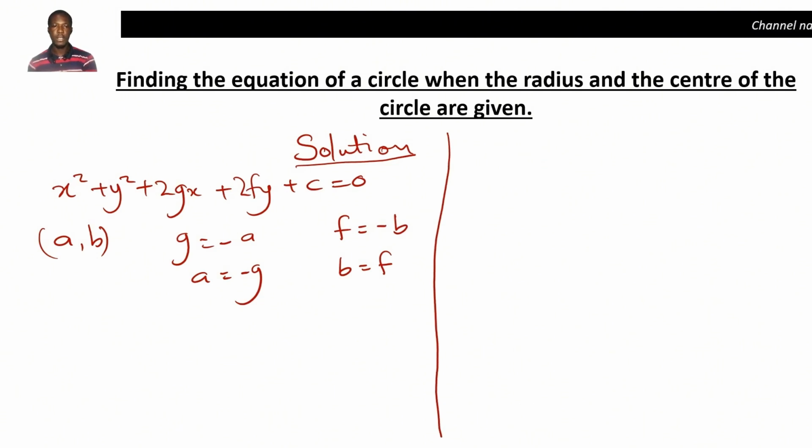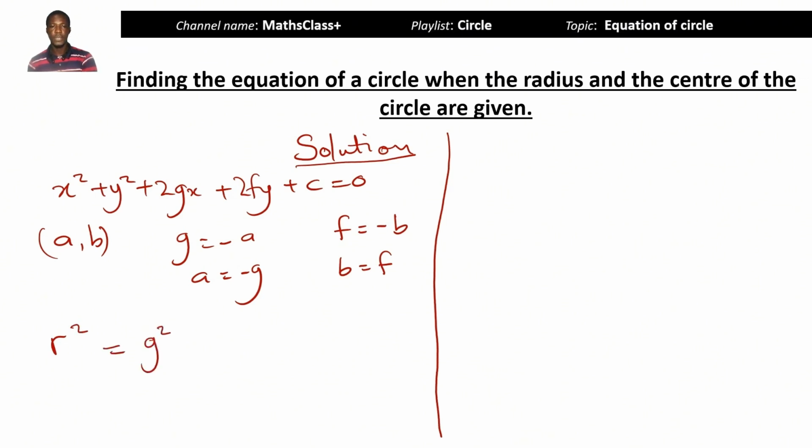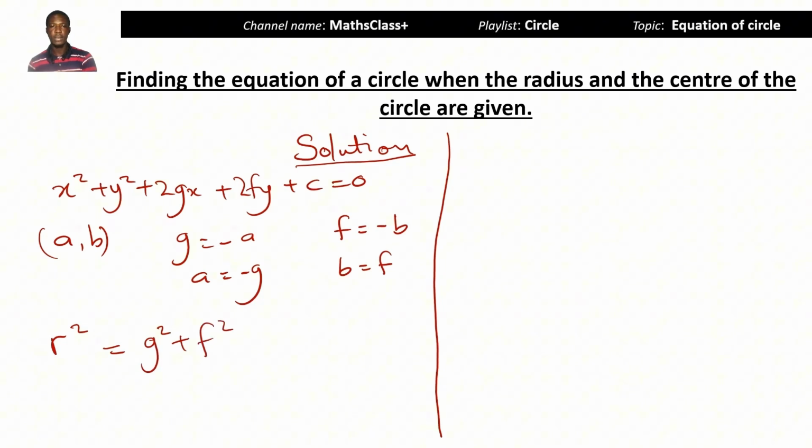And the radius of the circle is also given, and we remember that r² is equal to g² + f² − c.